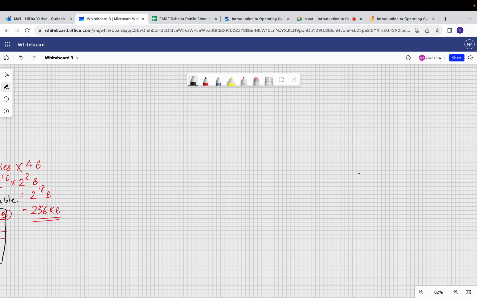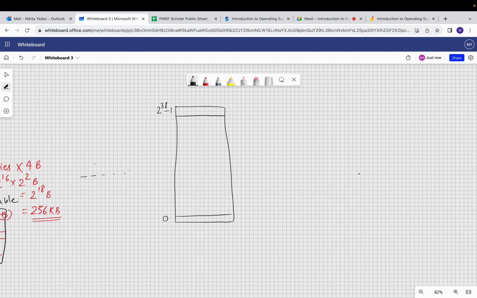So the question is saying that your C program can access this memory of size 2 to power 38 bytes. So the byte addresses are from 0 to 2 to power 38 minus 1. Now to access 2 to power 38 bytes, how many bits will be required?